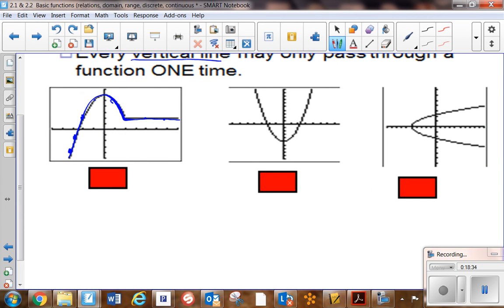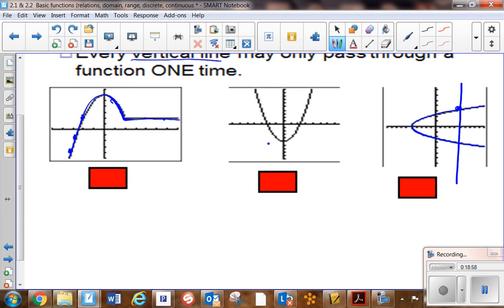Okay, let's look at this parabola here. Is that a function? Yes. Because no matter what vertical line you draw, it's only going to hit the function once. How about this little freaky guy? No. If I draw a vertical line right here, I'm going to hit it twice. Look at what these points are.